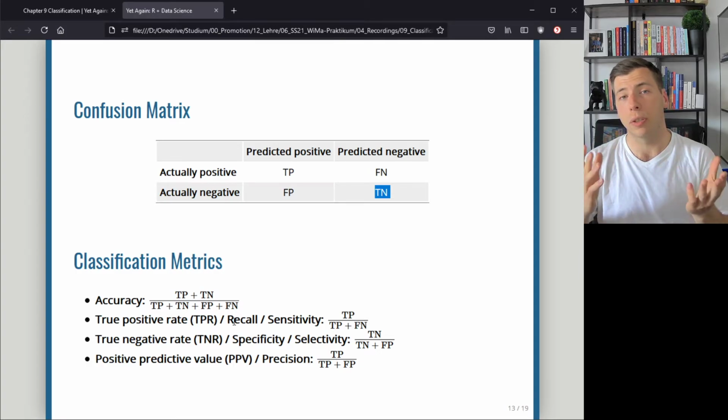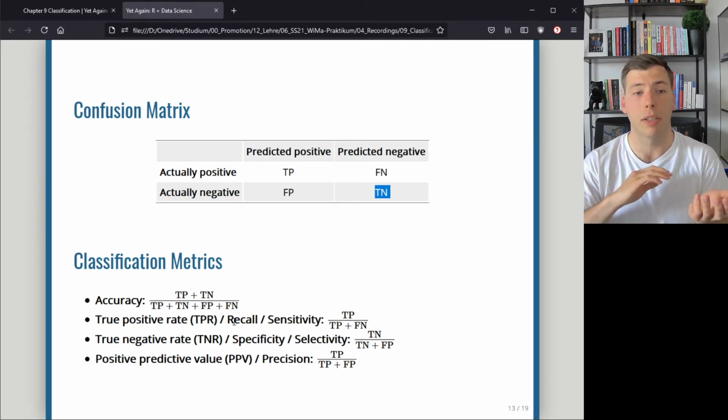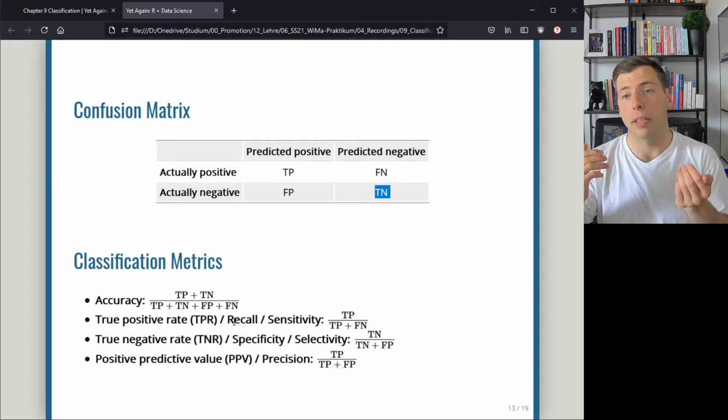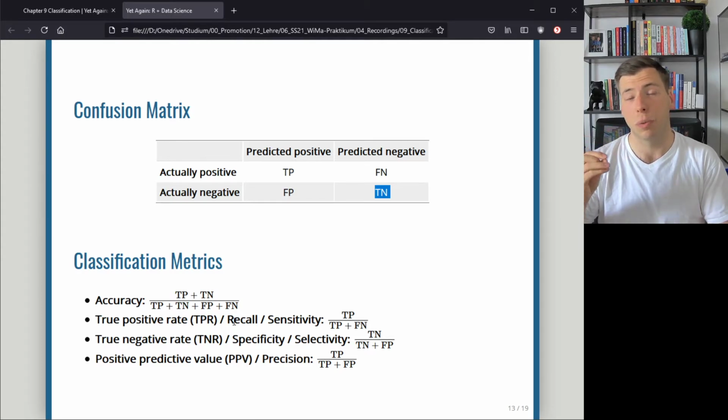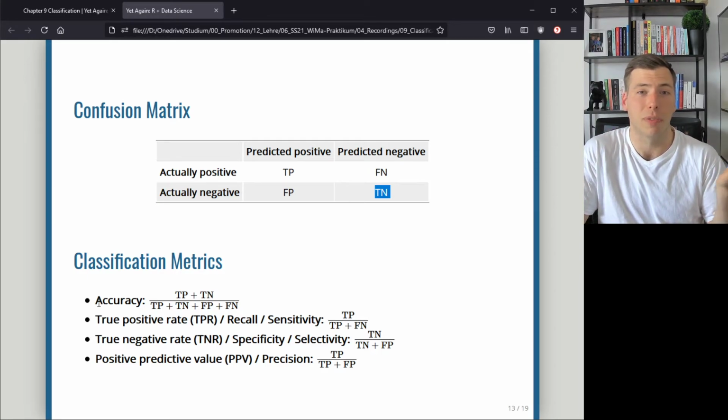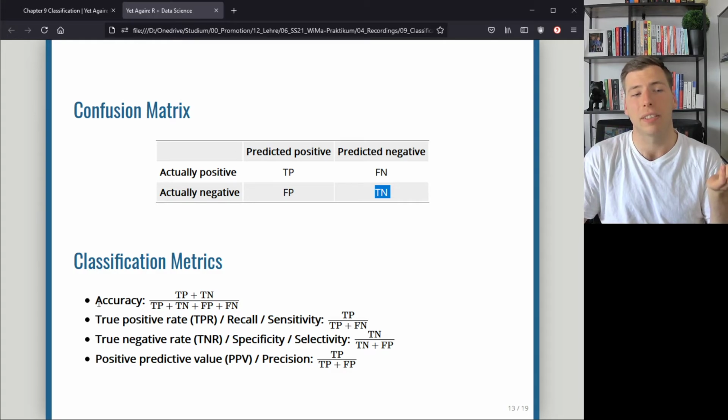And then you could simply take a classifier that classifies all observations as not having the disease. Since there are so few observations of people who actually have the disease, if you use accuracy, this bad classifier will have a really high accuracy, because it will be right a lot of times, as most of the time people don't have that disease. But this is often not really what we want, or at least it distorts the picture.